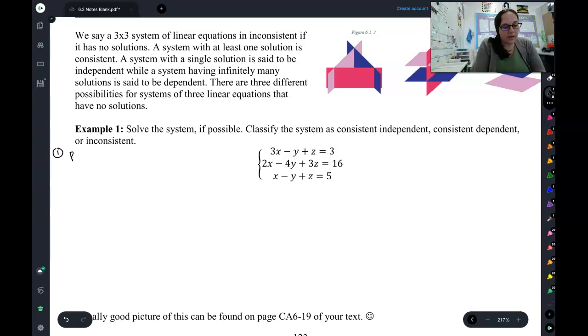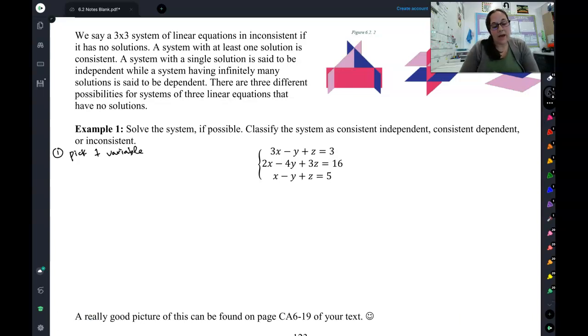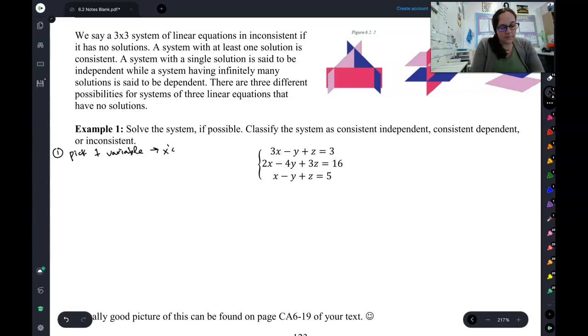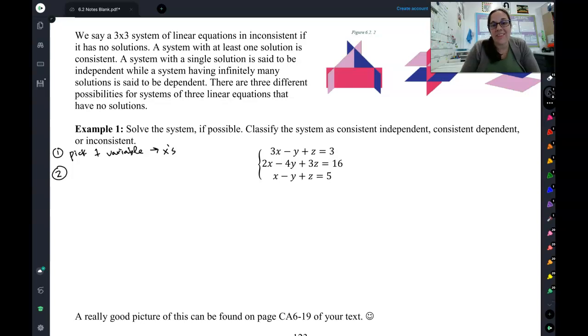So let's do step 1. We're going to pick one variable that I want to eliminate from 2 pairs of equations. I can pick x's, y's, or z's. It really doesn't matter. So for today, let's just pick x's. So step 2, I'm going to pick a pair of equations and I'm going to eliminate the x's from that pair of equations.